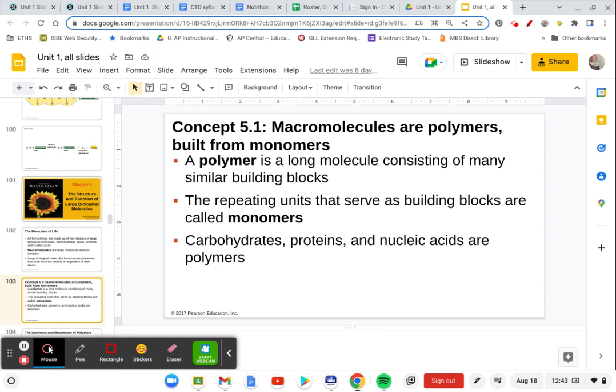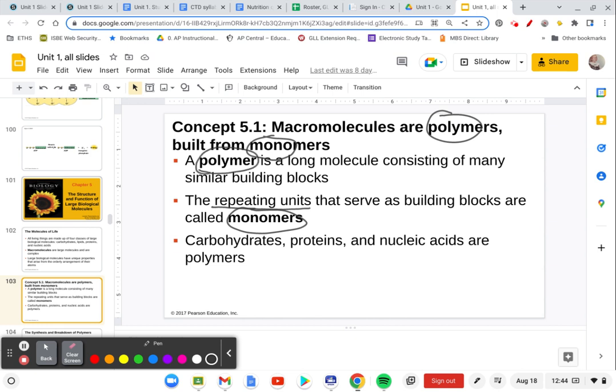Oh, sorry, I forgot that first of all we need to talk about building blocks. Macromolecules are called polymers, meaning they're many units, poly meaning many, and they're built up from these things called monomers. A monomer is a repeating unit that serves as a building block for these polymers.